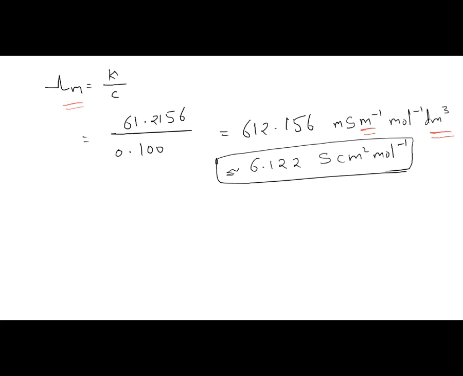This is in dm cube. You want to switch them into common units. Let's do that into centimeters square. You end up getting 6.122 Siemens centimeter square per mole. Make sure that you practice how to convert the units. It's going to get tricky. As I said, some of the examiners would love to confuse you with different kinds of units.